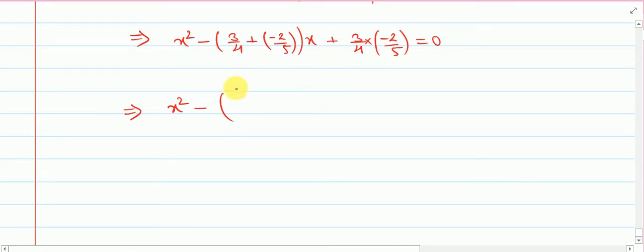So simply we'll get 15, this plus and here minus, so minus 8, and down we are getting 20, this x. Here plus, here minus, multiplication is there, so plus into minus, minus. We cannot cancel anything over here. So multiply: 3 2s are 6 and 4 5s are 20, equal to 0.